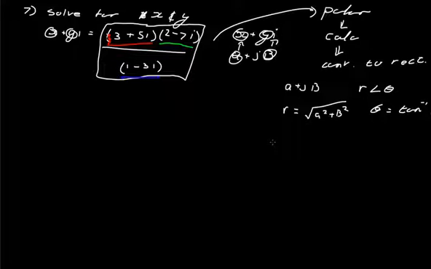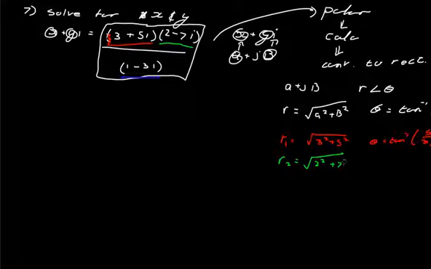So for the first number, I'm going to call it r1, it is equal to the square root of 3 squared plus 5 squared. Theta equals tan inverse of 5 over 3. Okay. Then for the next one, we've got r2 is equal to the square root of 2 squared plus minus 7 squared. You see there, minus 7.